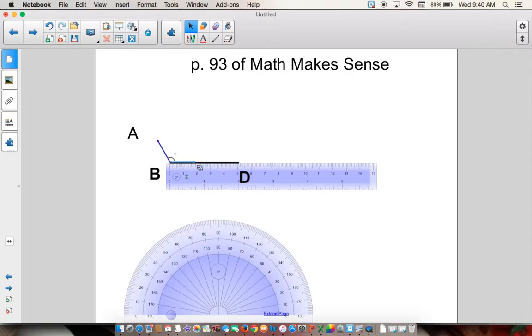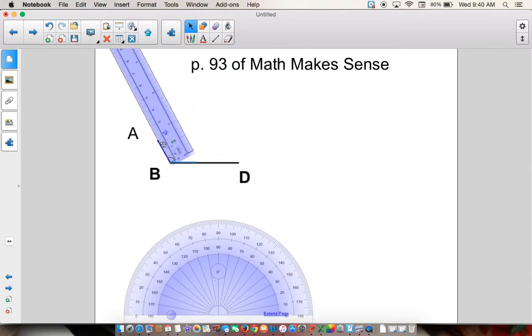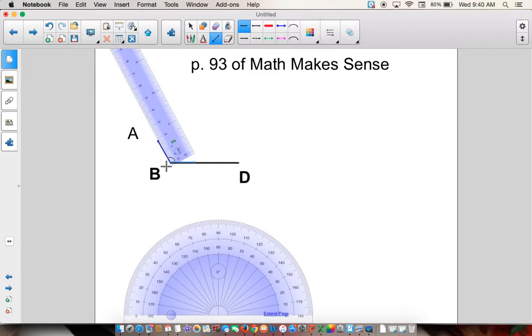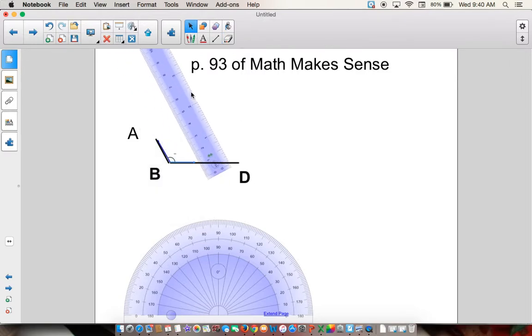Now make sure you have the double arrows that said you can rotate your ruler onto the angle of the 120. Take out my line, or you can use a marker. I'm going to use line because it's easier for me. I need to draw one that is 2 centimeters long. So 2 centimeters is right there. Move my ruler out of the way.